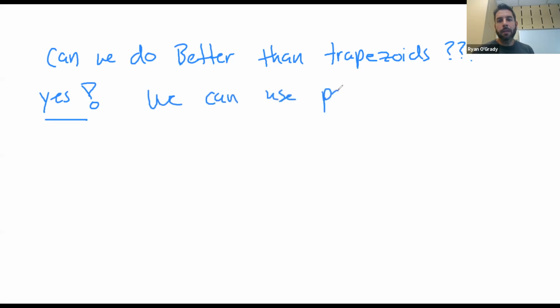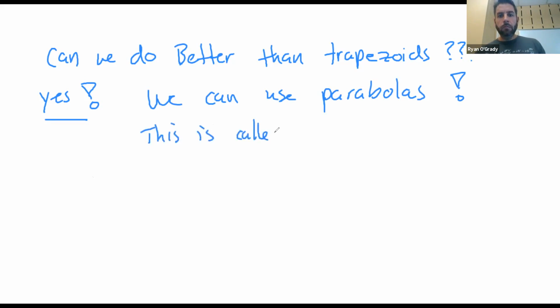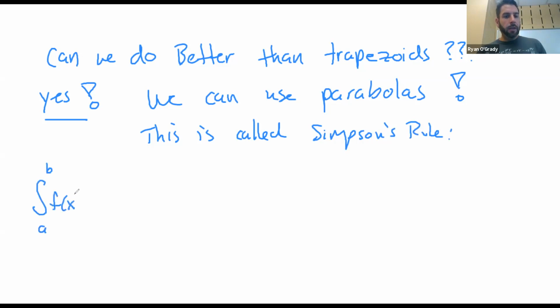We can use parabolas. Now, I am not going to go through all of this because the algebra is very, very tedious, but it's not a hard rule to follow, and it's called Simpson's rule. So it looks frightening, but here it is. It says that you can approximate an integral that's known to exist using the following rule.